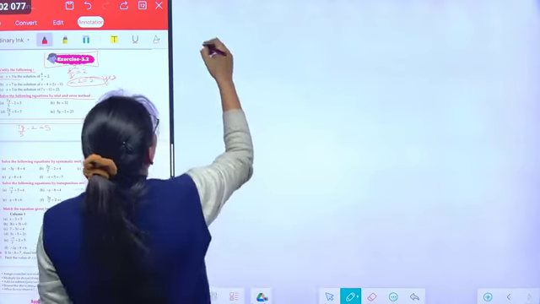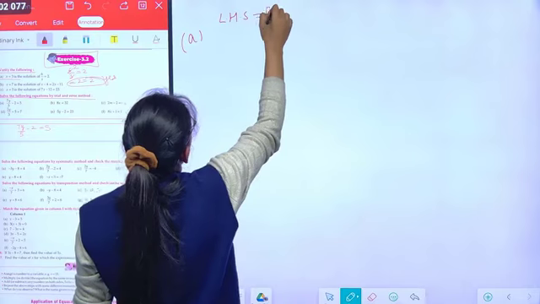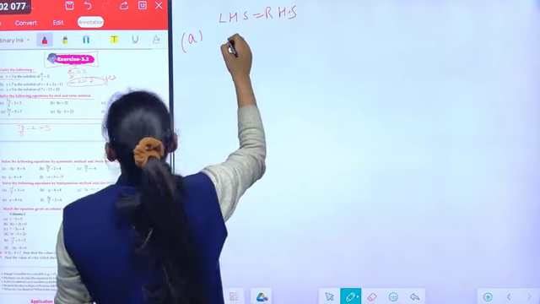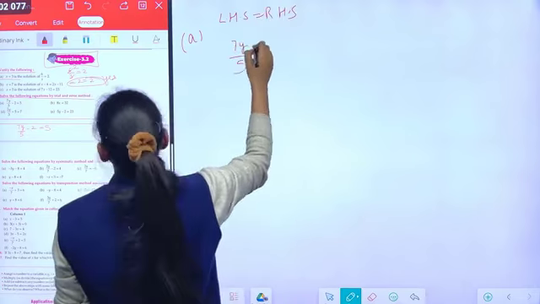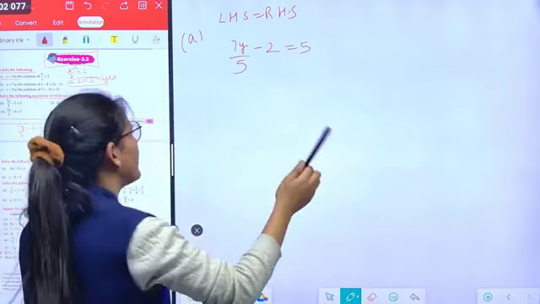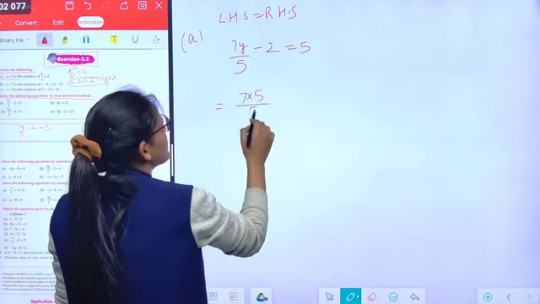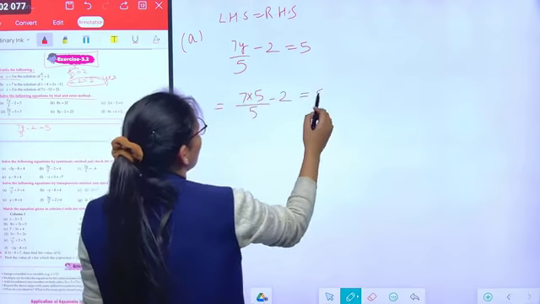Class, what do we have to make here? We have to make LHS equal to RHS. Now class, the question is 7y upon 5 minus 2 is equal to 5.